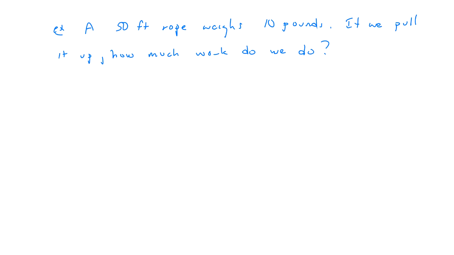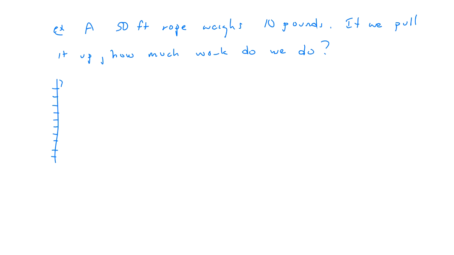And so our first little thing is, in some ways we have our usual thing, which is if you draw the rope and break it up into little pieces, for that first little piece, I can assume that it weighs 10 pounds. And so the force for that first little piece is 10.